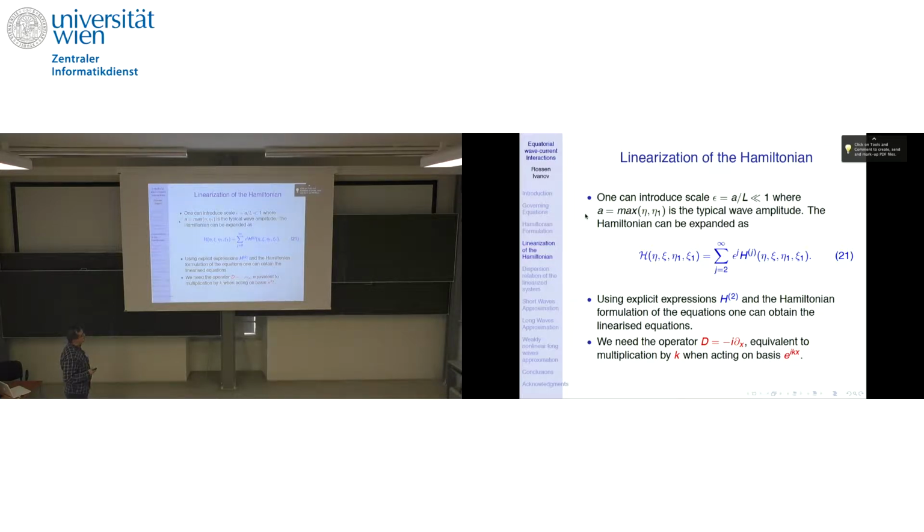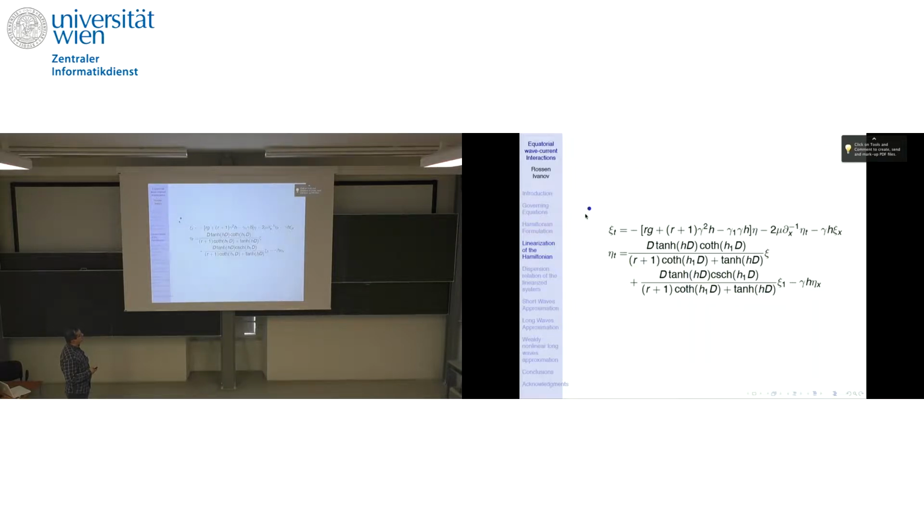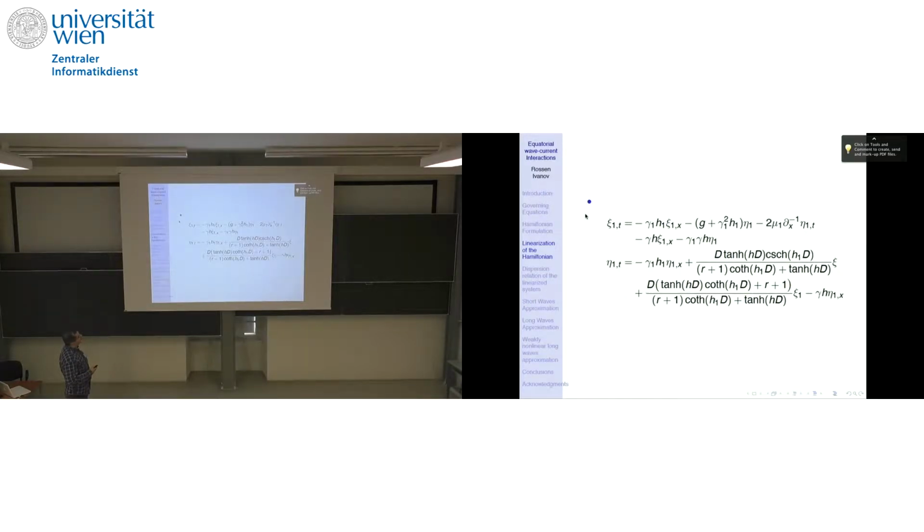If D is minus i d/dx, an operator like this, and k is the wave number, that's 2 pi over lambda, then D acting on a basis like e^(ikx) is just multiplication by k. Expanding the Dirichlet-Neumann operators and so on, this is the kind of equations that we linearize for psi and eta, and another for psi1 and eta1.